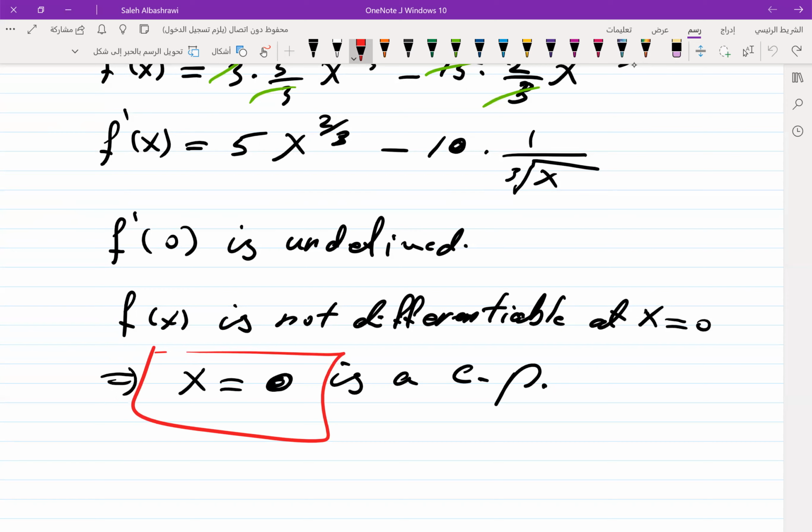So we can think about this one. Now, let's go back to our definition: the critical points are the points where the derivative equal to 0 or when the function is not differentiable. And this is an example of a function which is not differentiable at x equal to 0. So x equal to 0 is a critical point.